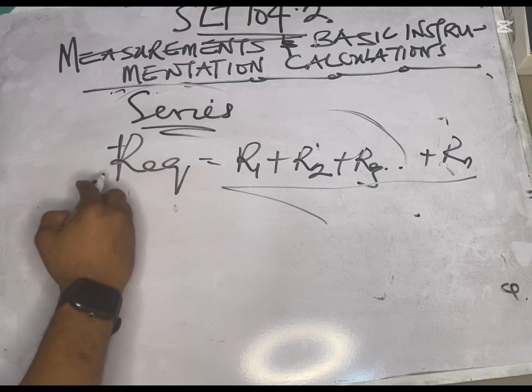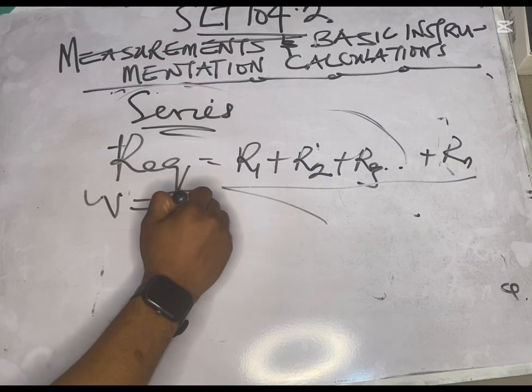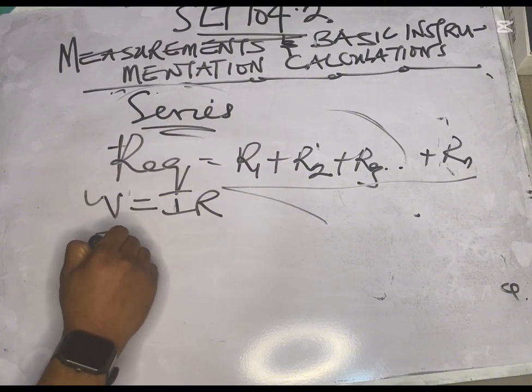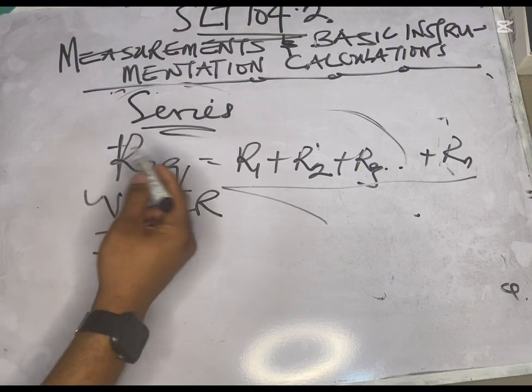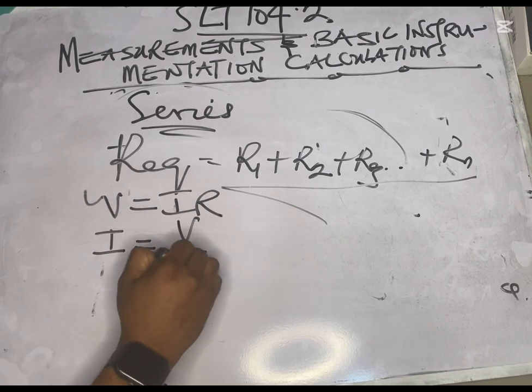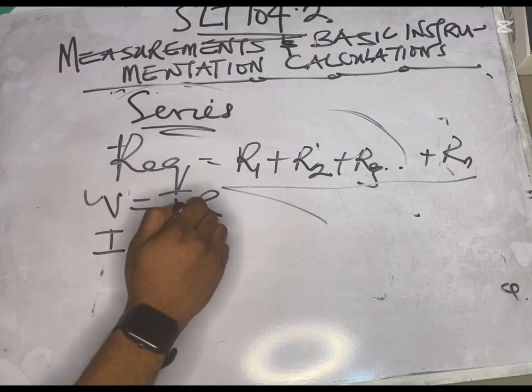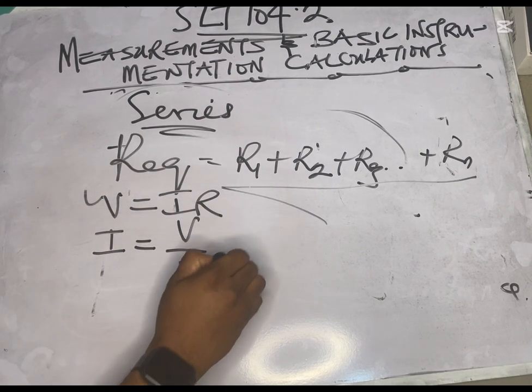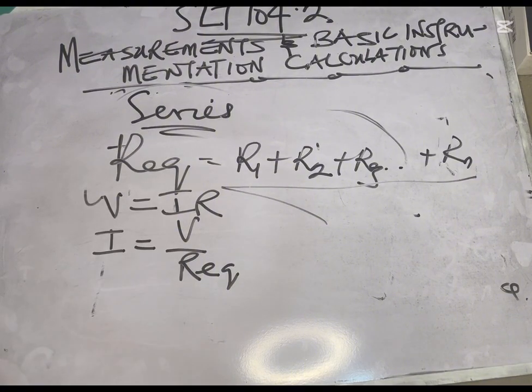Remember that Ohm's law is V equals IR. So if you want to find the current in a circuit where resistors are connected in series, I equals V over R. Divide the voltage by the equivalent or total resistance and you'll get the current in the circuit.